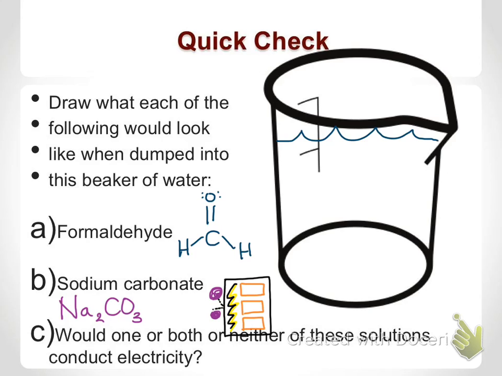Okay, so let's start with formaldehyde. Formaldehyde is covalent, and I wanted you to try to see if it was polar or nonpolar before you started so you could see if it would dissolve. So the carbon to hydrogen bond is nonpolar, but the carbon to oxygen bond is polar.